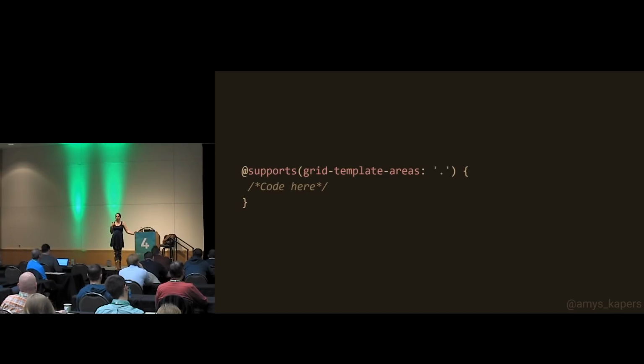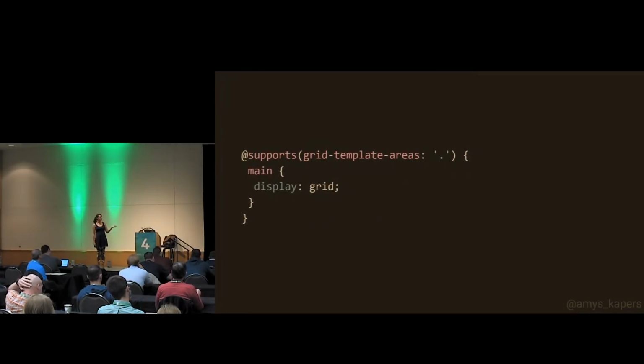And so the code inside the supports query will only be done by browsers that know how to use grid template areas. This is really great for creating fallback layouts, because we just say grid template areas, you put all of your grid code inside there, and you don't have to worry about unsupported code being used by your users' browsers.